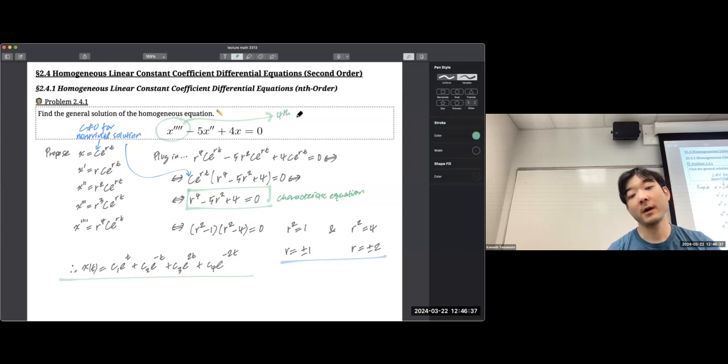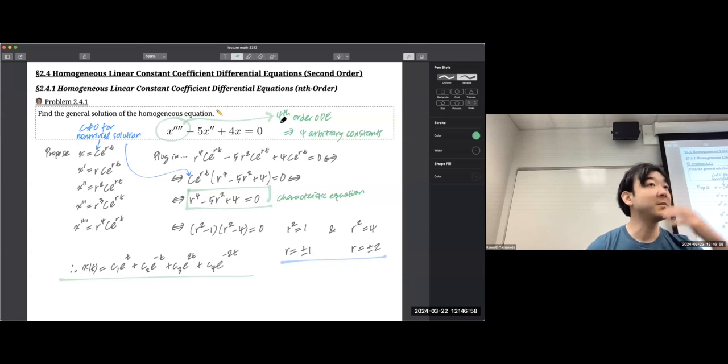4th order ODE. And you should see 4 arbitrary constants. When we had a 1st order differential equation, we just had C. We didn't even write C1 or C2 because there's only 1. That's because it's a 1st order equation, which should only have 1 arbitrary constant.